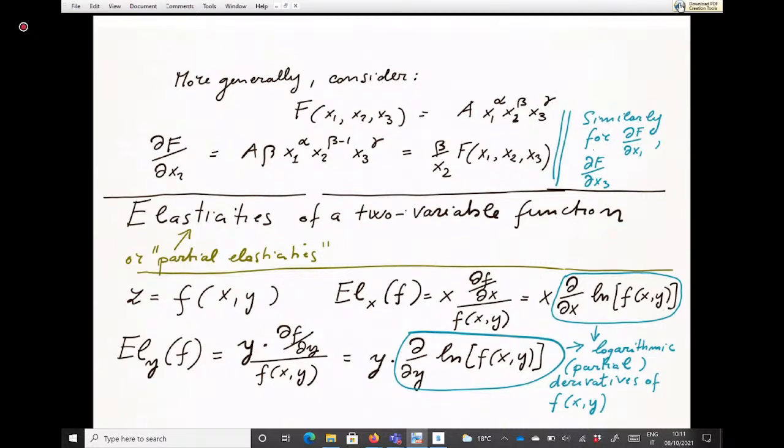So it doesn't depend on the units of measure of the two variables. It's called a pure number or measureless. It's a very, very important indicator of the sensitivity of the dependent variable to the independent variable. Okay, so these elasticities of a two-variable function are called partial elasticities.